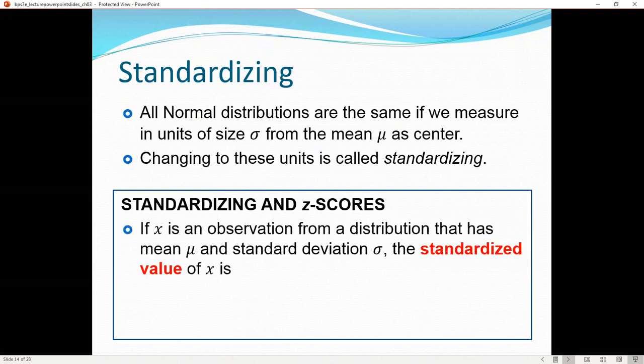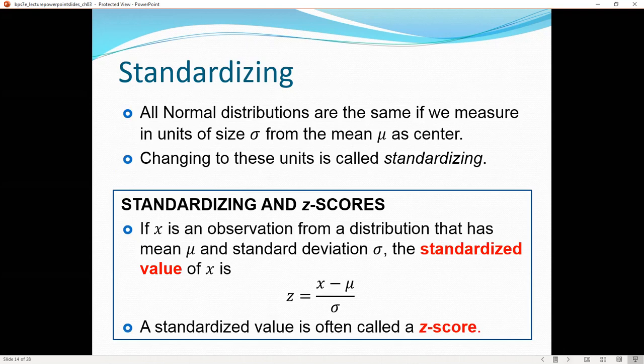If x is an observation from a distribution that has mean mu and standard deviation sigma, the standardized value of x is x minus mu divided by sigma. So that's the z-score, the standardized value. A standardized value is often called a z-score.